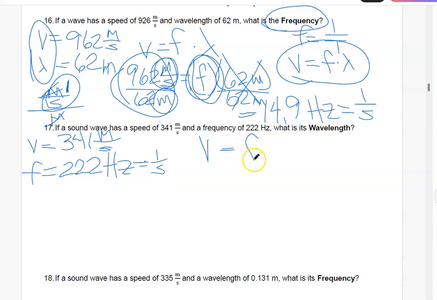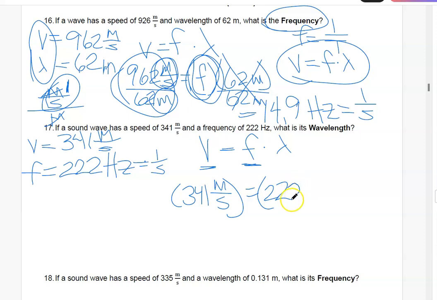Well, we have one formula that involves wavelength. Speed equals frequency times wavelength. We know the speed, we know the frequency, we just have to calculate for the wavelength. So using that formula, we fill in the numbers. 341 meters per second equals our frequency, which is 222 hertz, or 222 per second, times our unknown wavelength.